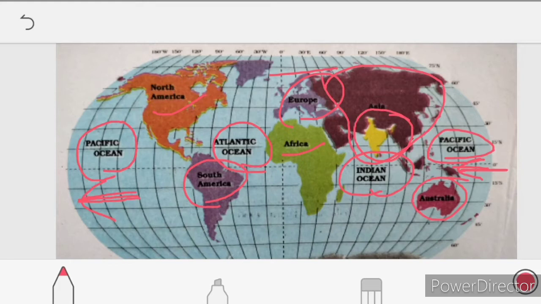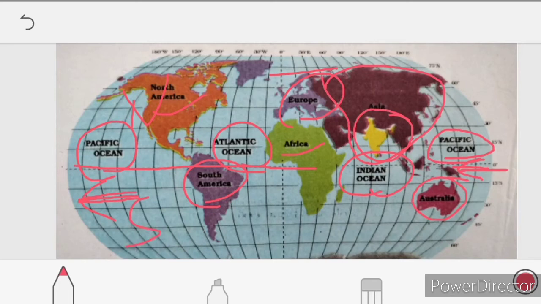So the number of oceans is 5, but somewhere we find 7 oceans. So let us see how the oceans are 7. We see the Pacific Ocean. The Pacific Ocean is divided into two parts, the North Pacific Ocean and the South Pacific Ocean.